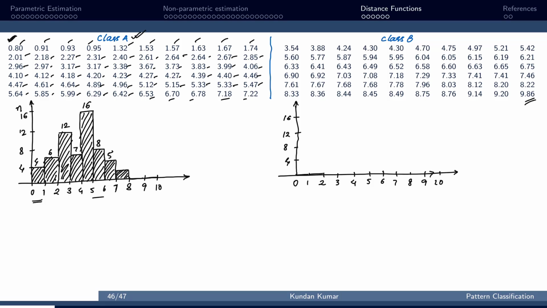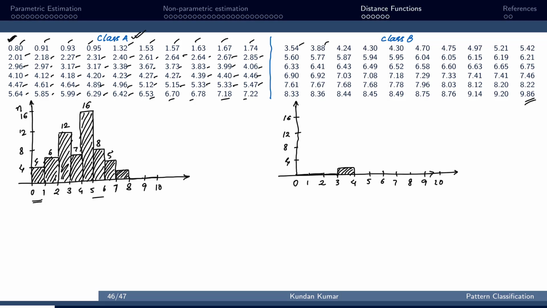In the second bin as well, we don't have any samples. In the third bin also, we don't have any samples. But for the number of samples between 3 and 4, we have 2 samples.